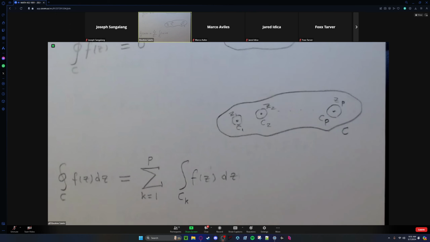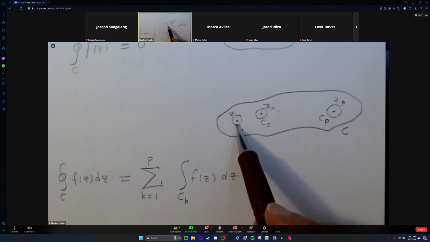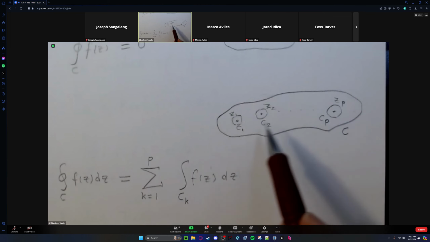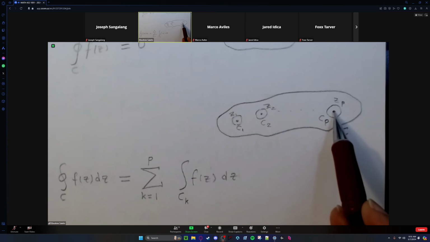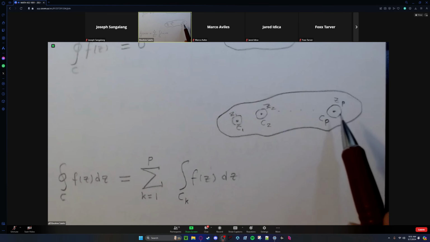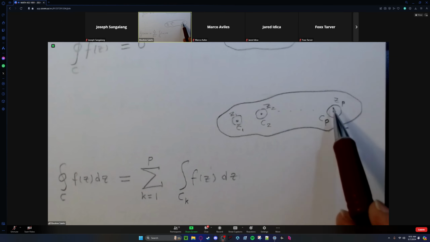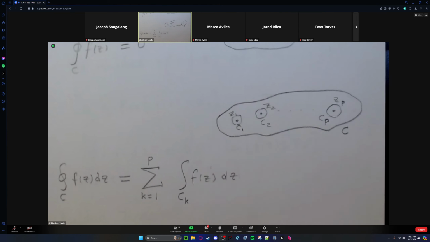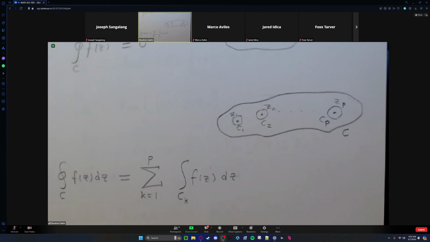The difference is that when you are integrating here, you only have one bad point inside. So the integral over the closed curve with many bad points inside will be the same as the integral over these little circles, each one just enclosing one of the bad points. That was one of the consequences of Cauchy's theorem.